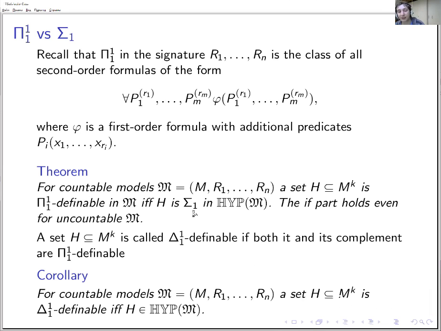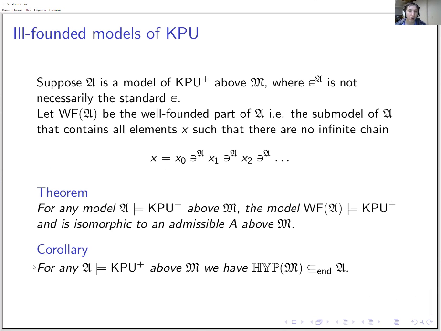So if a set is Sigma 1 in the heap, let's show that it's Pi 1 definable in M. Basically, the point here is that we could use this corollary about arbitrary models of KPU plus.